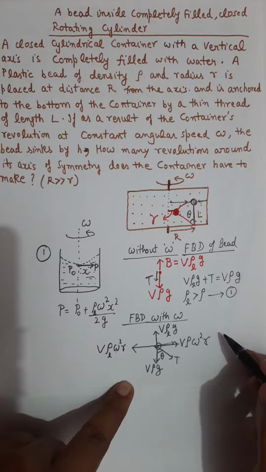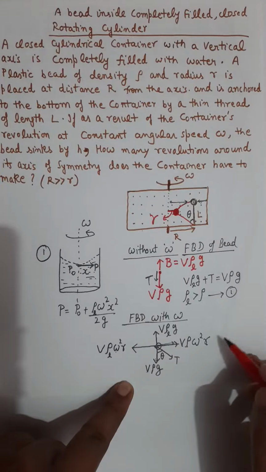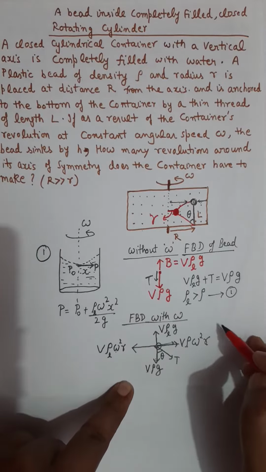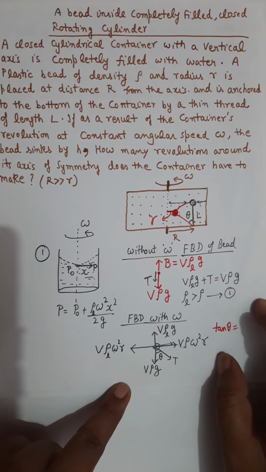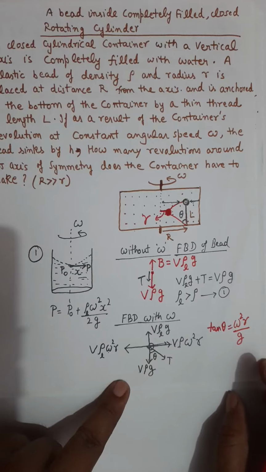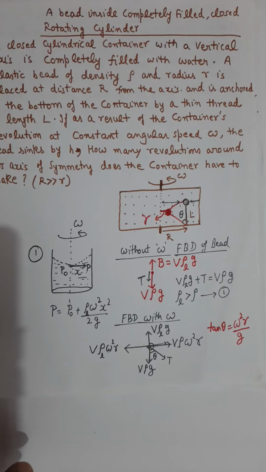And by balancing the forces, you will get a result which is tan theta equals omega square small r over g. You will get this result. Now, what is small r?